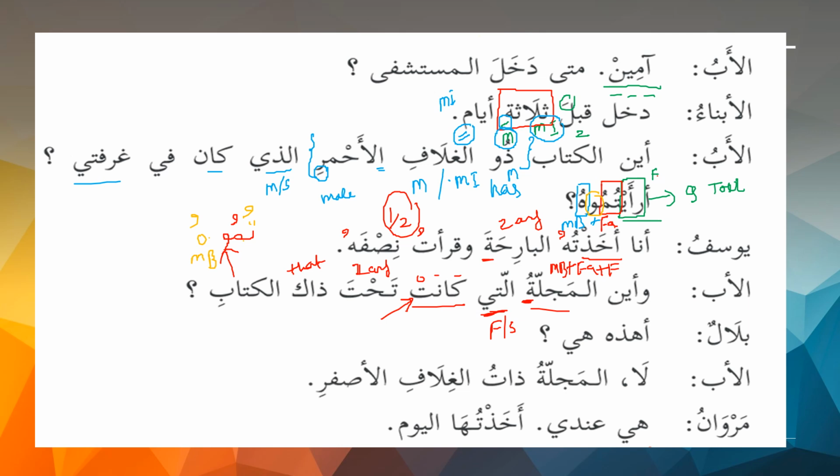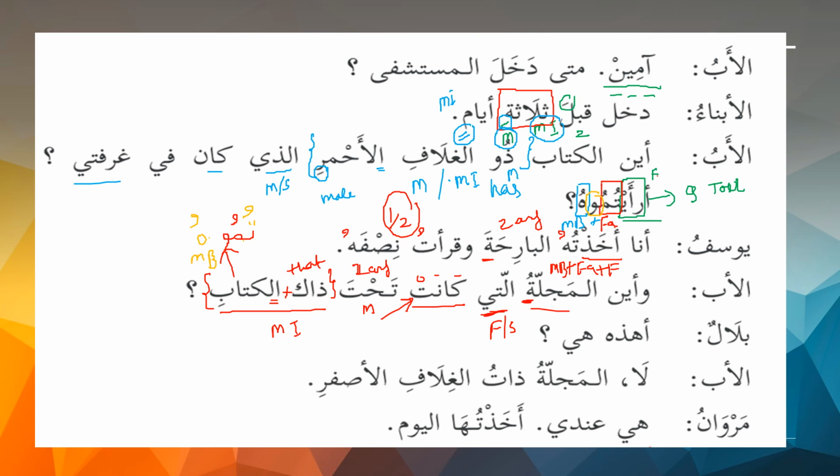So this is the mudaf, then it's mudaf ilayhi. Both are in the position of mudaf ilayhi. And why both of them as mudaf ilayhi? Because dhaka or dhalika are the same, and it's the ism al-ishara, and it's the rule when ism al-ishara plus marifa noun comes, they become a compound word, means they become as one word. They cannot be separated.